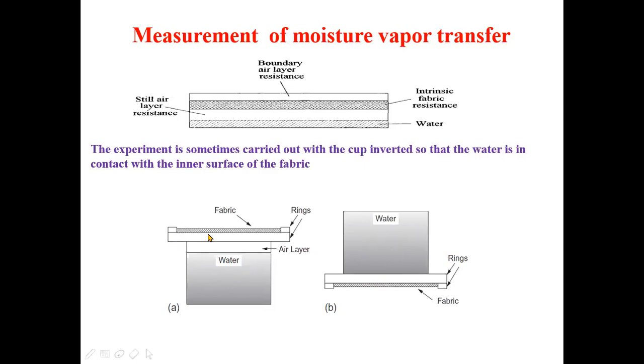In the upright position, this is the mouth of the cup, and in the inverted position, this is the mouth of the cup. That means in the inverted position, the fabric is in direct contact with the water. Now, when the fabric is in direct contact with the water, perhaps the result will be more accurate because at that time this air layer will not be present.